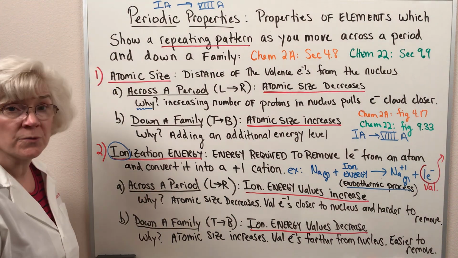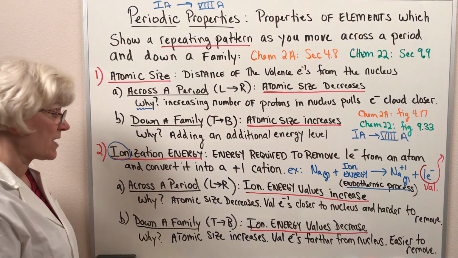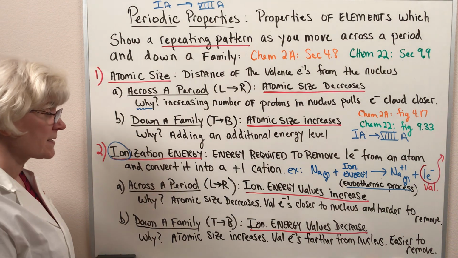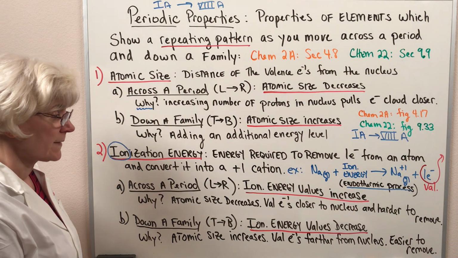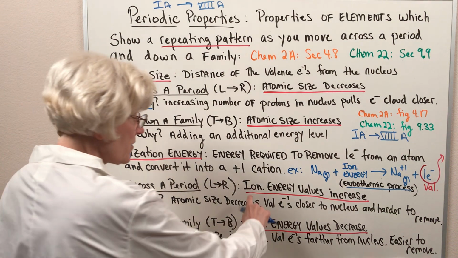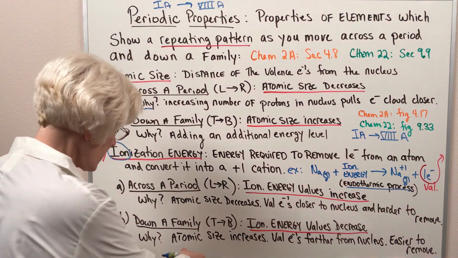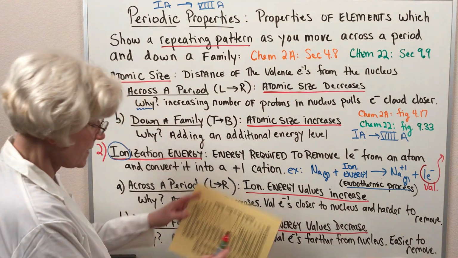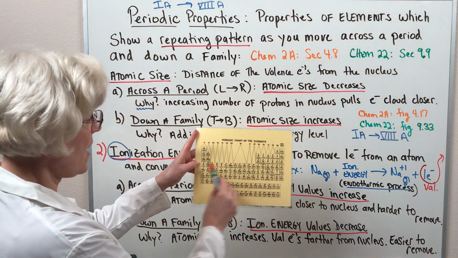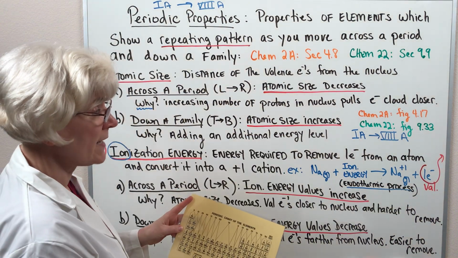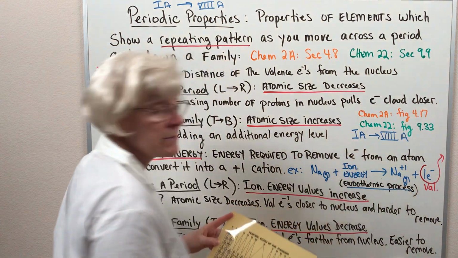What patterns do we see in ionization energy as we go across a period left to right? You can check figures and it will show a regular pattern that ionization energy values increase as you move across a period left to right for the representative families.